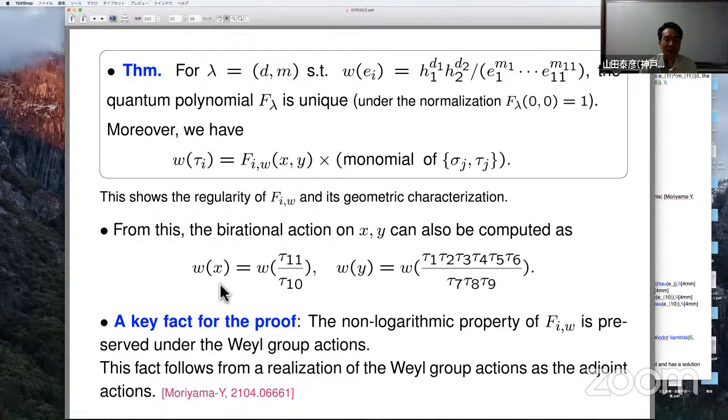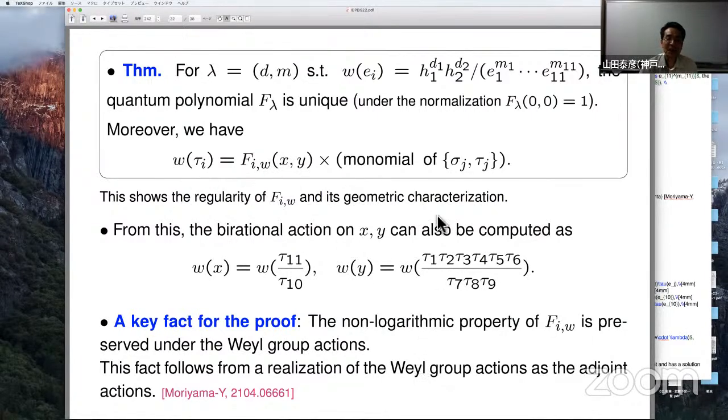And moreover, from this polynomial, one can recover the birational action on the x and y variables also, because the action on the x variable and the y variable can be written by the ratio of the tau variables. So this polynomial essentially determines all the Weyl group action for any w.